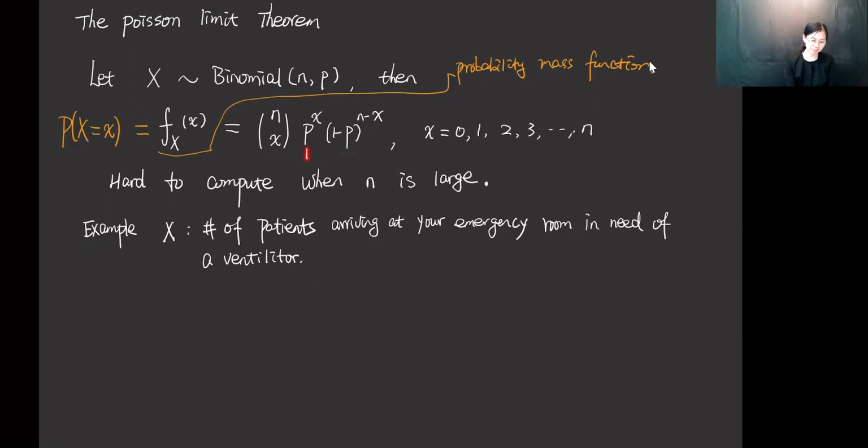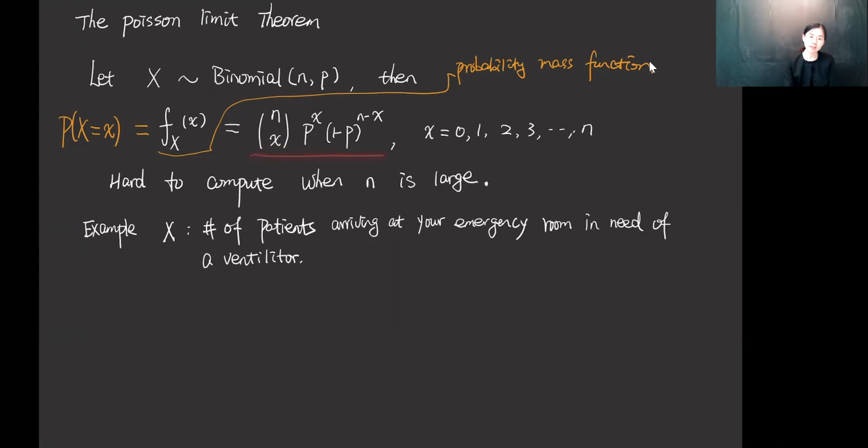Here p is the probability for the event to happen in one trial, n is the number of trials, and x is the number of successes, or number of occurrences, in the n trials.